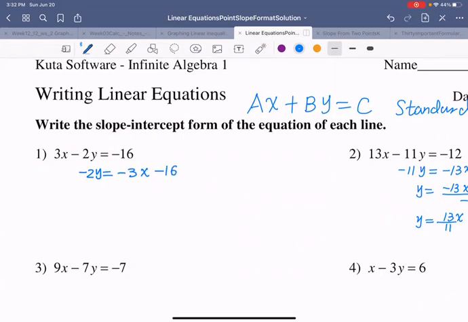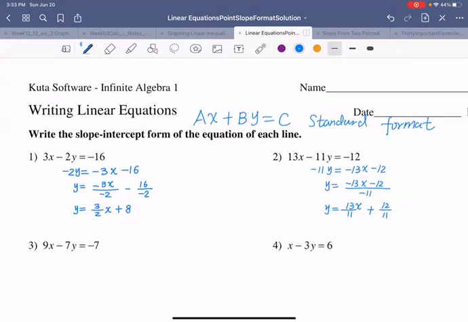Next, you divide by negative 2. y equals negative 3x over negative 2, minus 16 over negative 2, which equals 3 over 2 x plus 8. Okay, that's it.